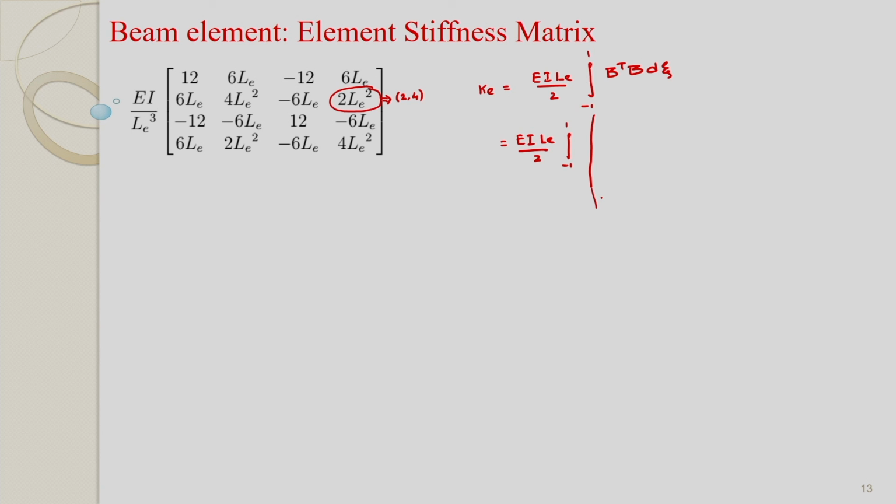Now, if you see the expression of B, then there will be 4 by Le square. So, that will be 16 by Le to the power 4.